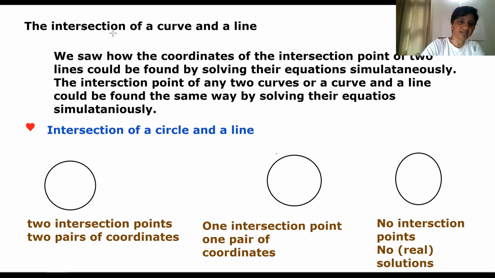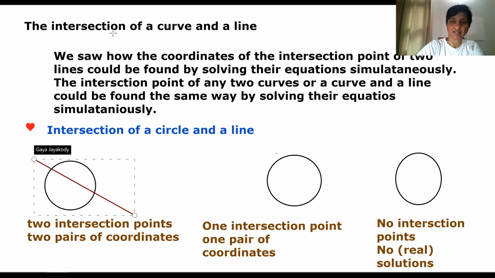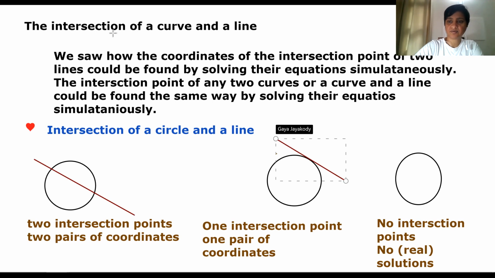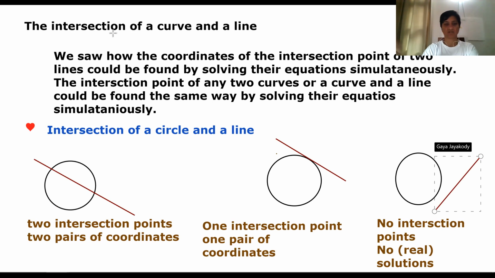You can have your line cutting like that, or going like that, or going completely off. In this case, here you will have 2 points. Here you have just 1 point. Here you have no points. So this is your second bullet point.